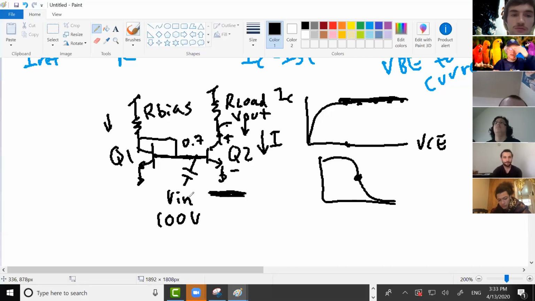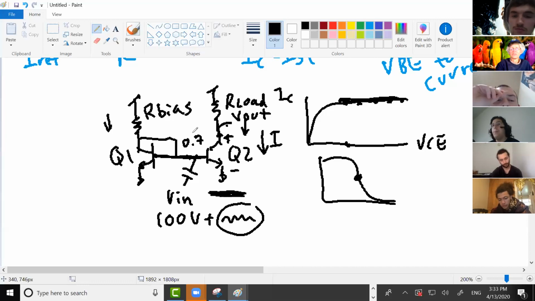What if I put a little sine wave on top of that? So it's actually going to 100.1 and then down to 99.9. And that's a fast signal. Does the fast signal get through? Yes, so just this signal will show up and get added to the 0.7.